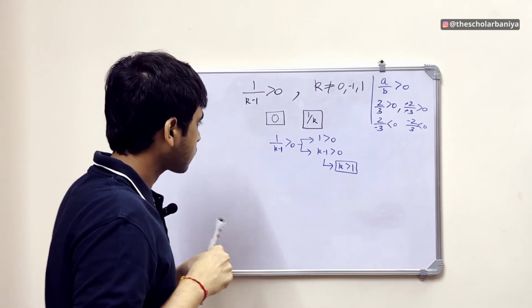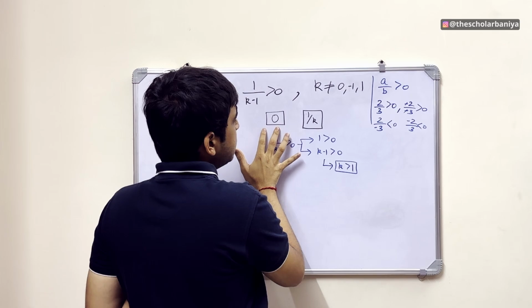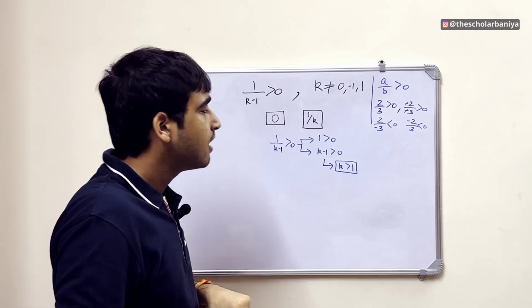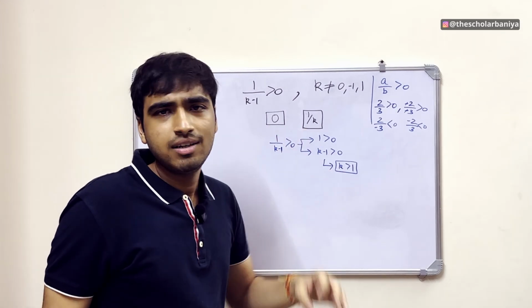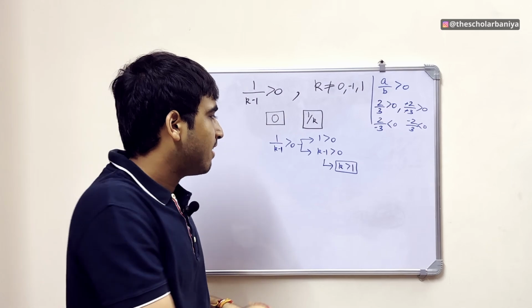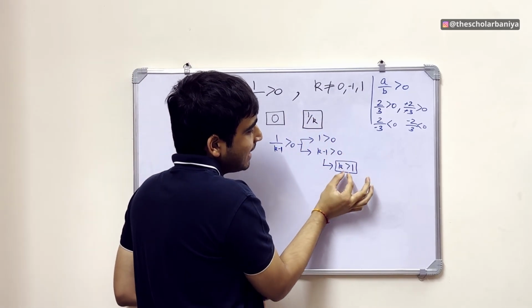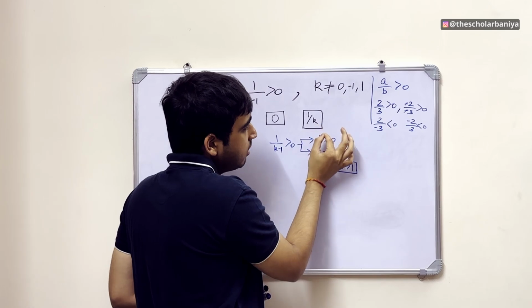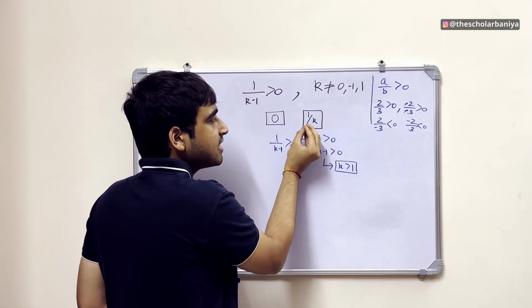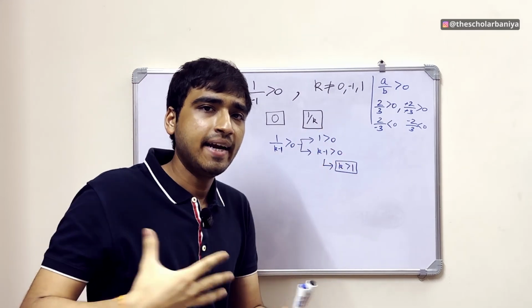Okay. Now we have to compare 0 and 1 by k, right? Since k is greater than 1, it's common sense that if we divide 1, so 1 upon k, and k is any number greater than 1, so this will definitely be some value which is greater than 0.